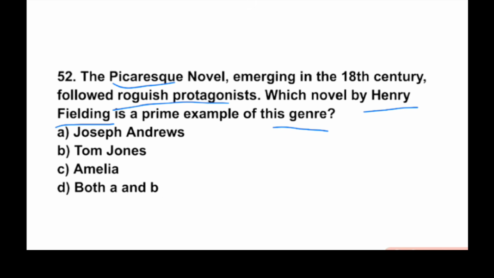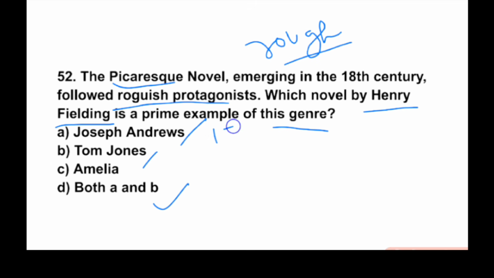Option D, Joseph Andrews and Tom Jones. पहला क्वेश्चन यही बनेगा कि पिकरेस्क नॉवल में स्पेनिश वर्ड एंड फिर हेनरी फील्डिंग बिलोंग टू दिस era and Henry Fielding's work, Joseph Andrews and Tom Jones.